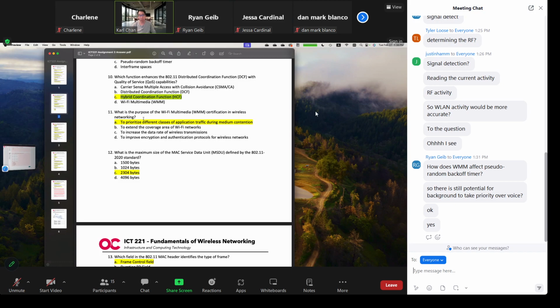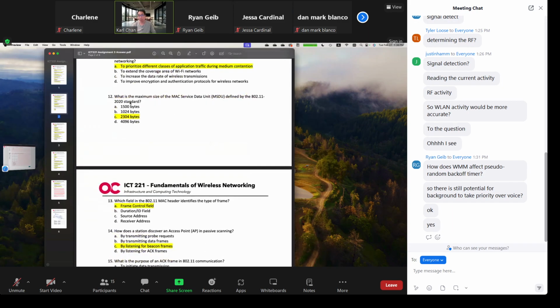Okay, so Ryan just asked a question about WMM, right? WMM is to prioritize the application traffic during the medium contention, so that voice will have the highest priority to get access to the medium. Also, this is a number you can mark down on your cheat sheet in case you have similar questions in the midterm.